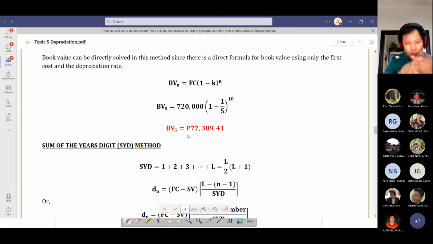So meaning, for those three methods, declining balance method, double declining balance method, or the sum of the years digit method or SYD method, you're going to solve the examples using the other method. The example in declining, solve it using double declining or SYD. The example in double declining, solve it using declining balance method or SYD method.